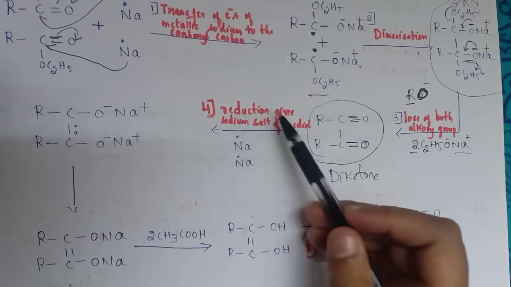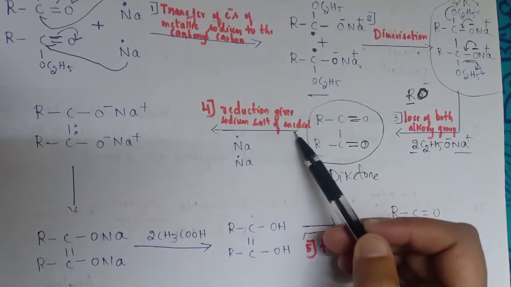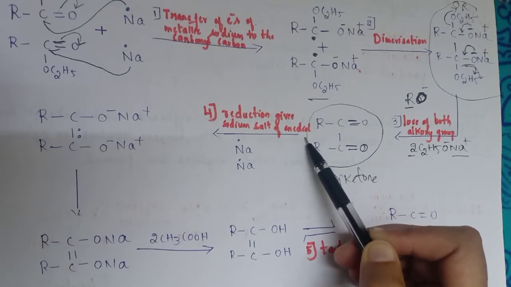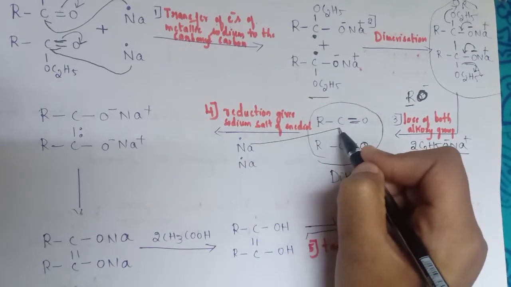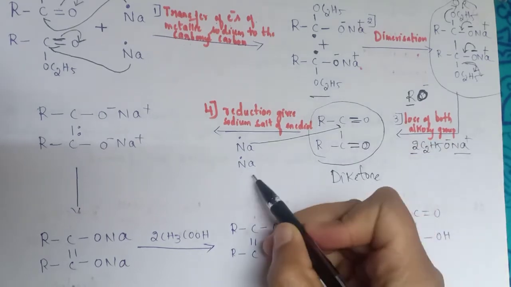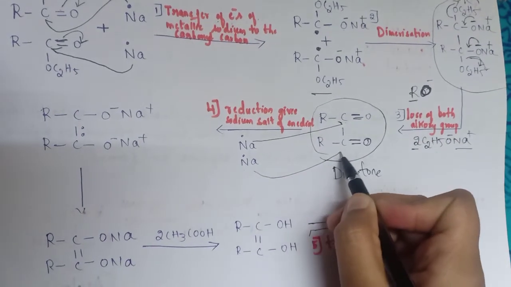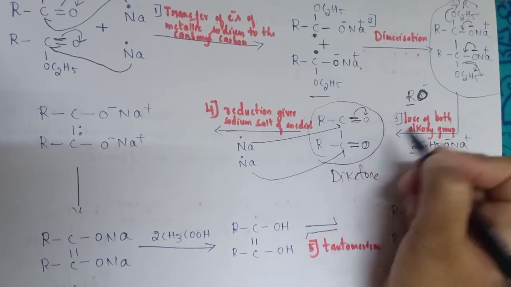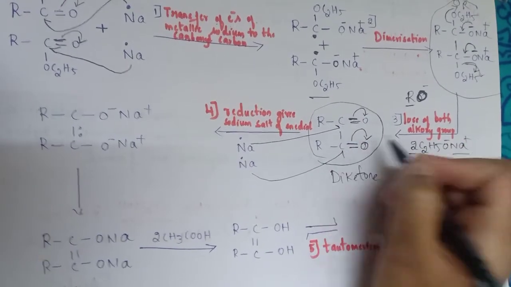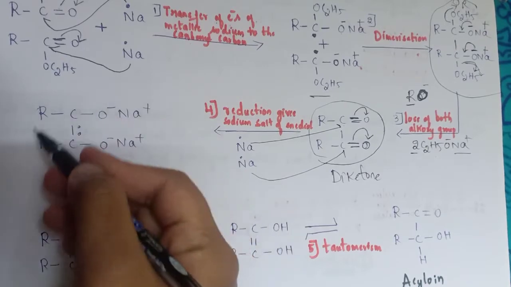So the reduction gives the sodium salt of the enediol. As you know, this electron is shifted towards this carbonyl carbon and this electron is shifted towards this carbonyl carbon, and this bond is shifted to the oxygen and this bond is shifted to the oxygen. We will get the product like this.